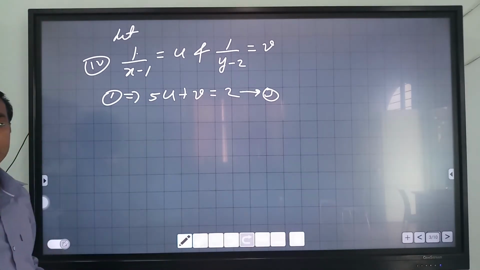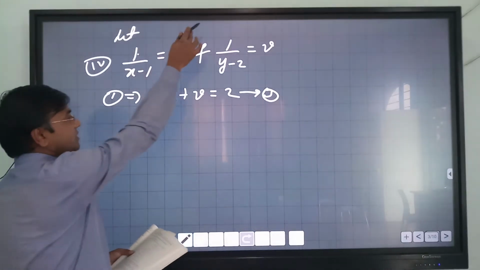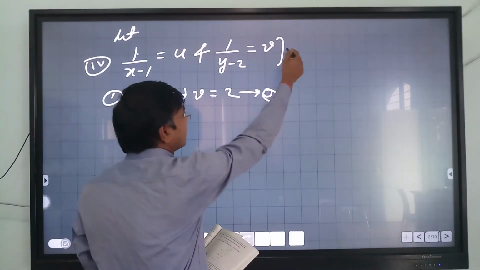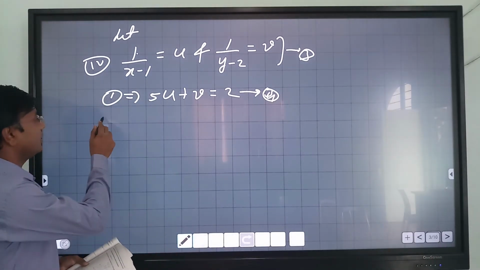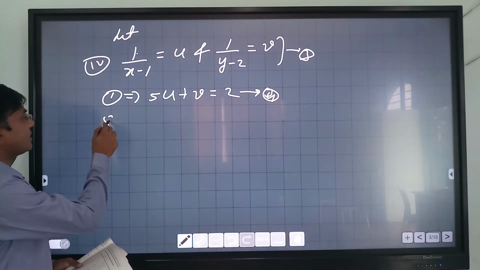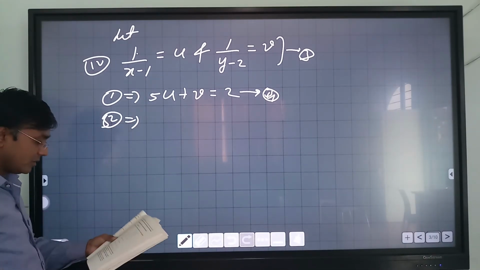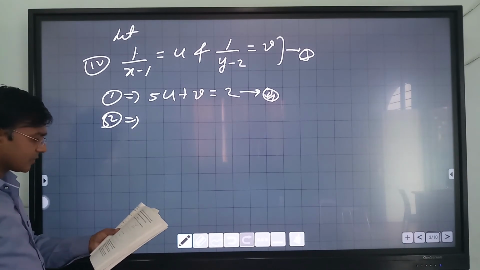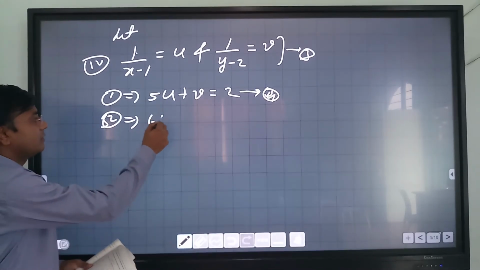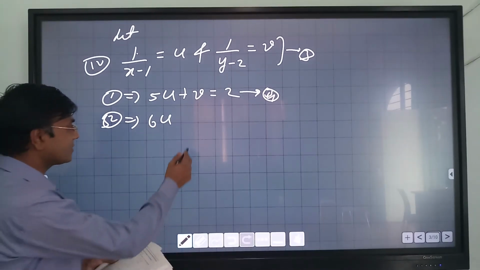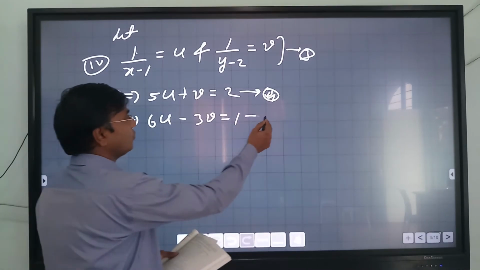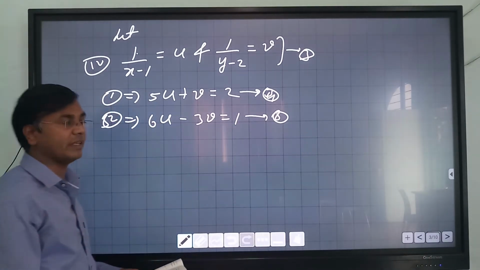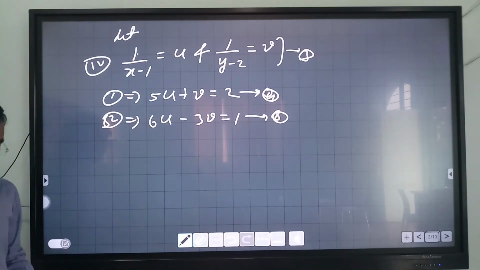Okay, so copy equation first and second from the book, and you may take this as third and this one as 4, and this is due to equation second implies second reduced as 6 upon x minus 1. So this is 6u minus 3v equals to 1. Equation becomes 5. So now again linear equation 2 variable.